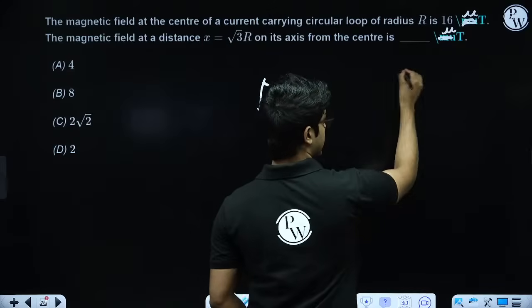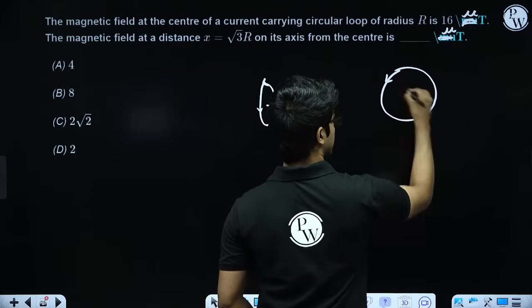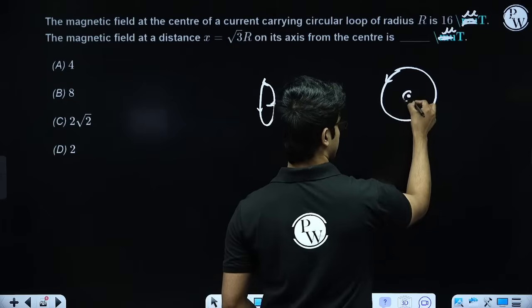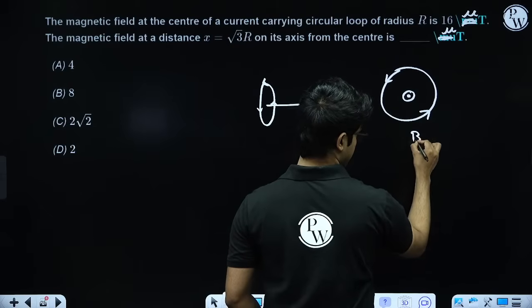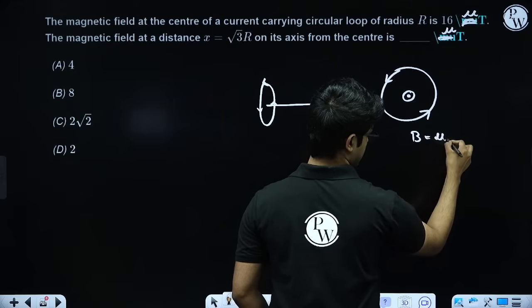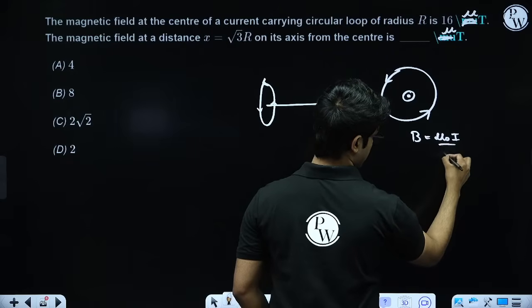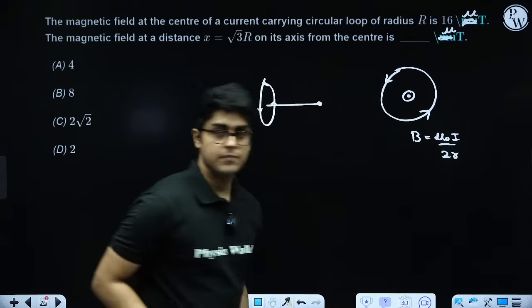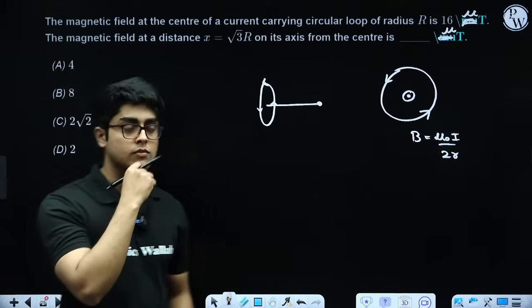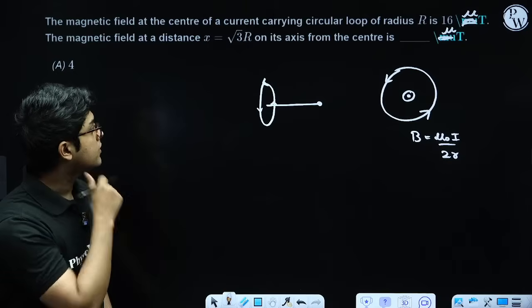So when we have a current carrying circular loop, the magnetic field at the center, this formula is mu naught I divided by 2R, right? Mu naught I divided by 2R.